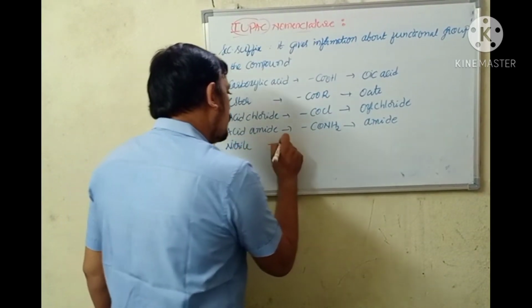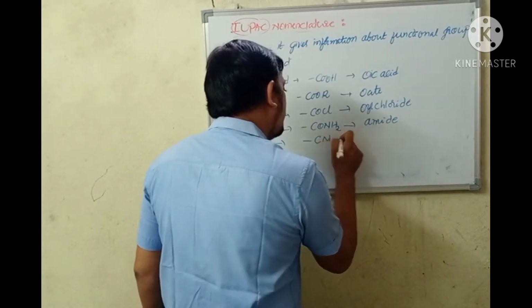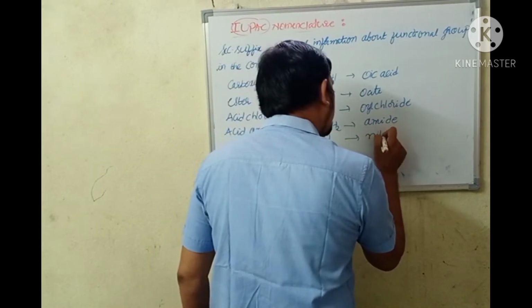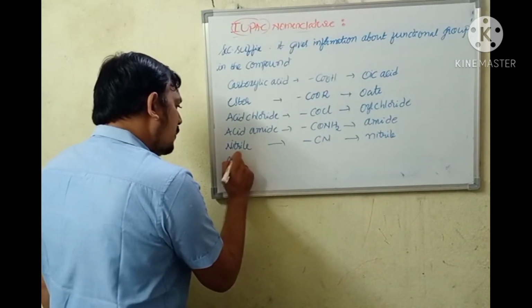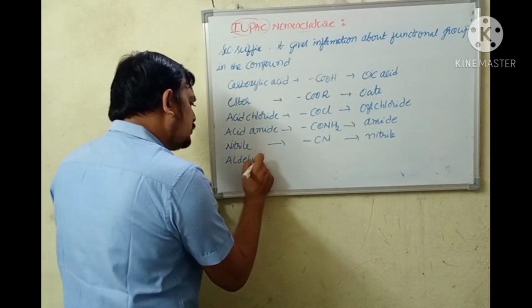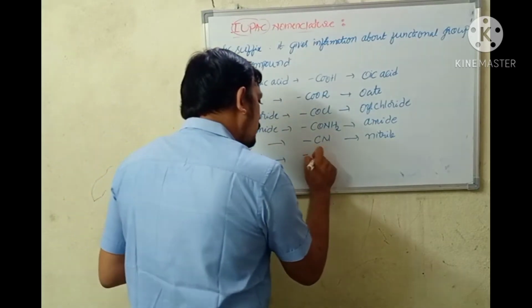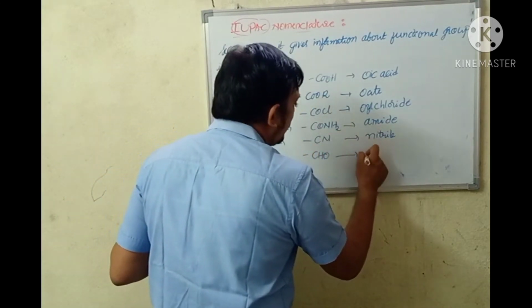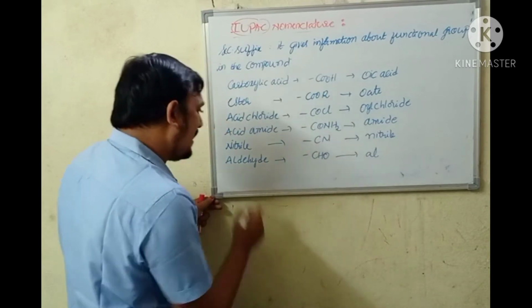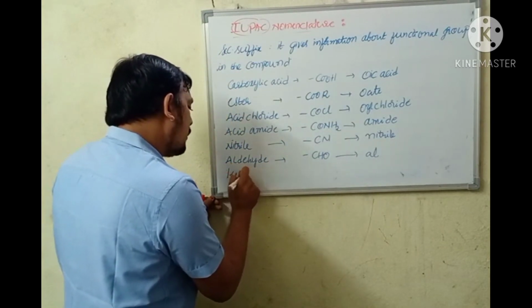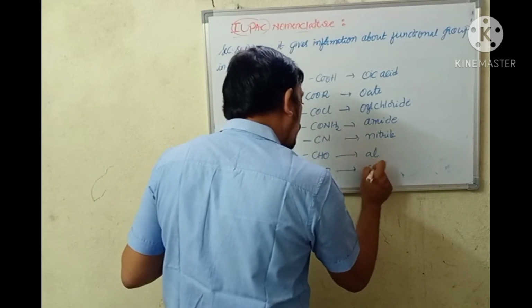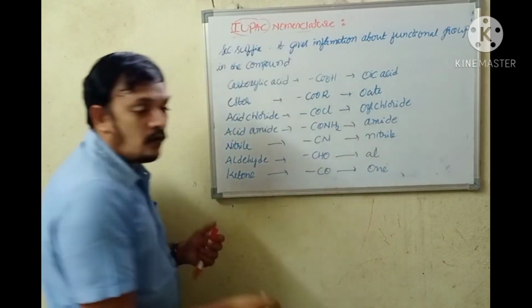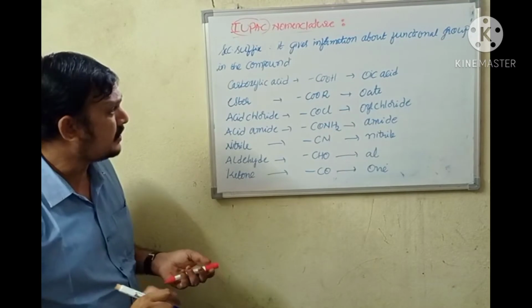Nitrile, CN, is given suffix nitrile. Aldehyde functional group CHO is given secondary suffix al. Ketone, CO, is given suffix one.